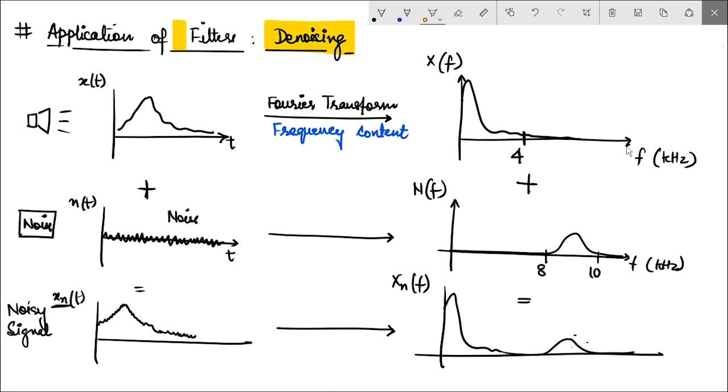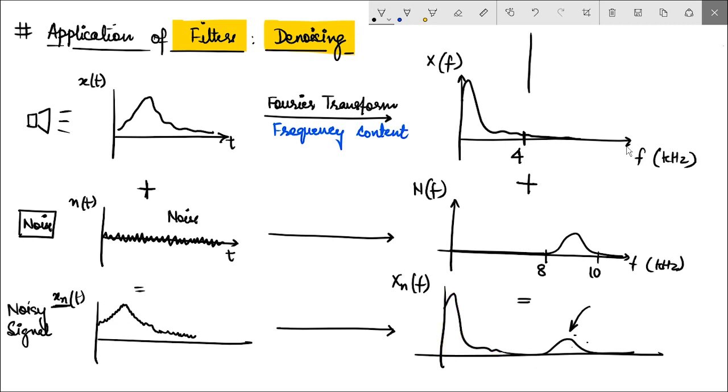We can use a filter that allows all these frequencies to pass and does not allow this range of frequencies to pass, or attenuates this range of frequency. So in this particular case, we could use a low pass filter, or we could use a band stop filter or band reject filter that has a stop band in this range.